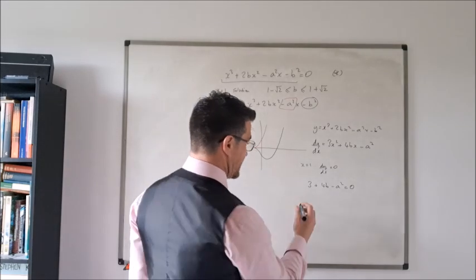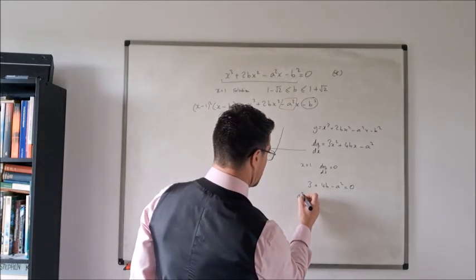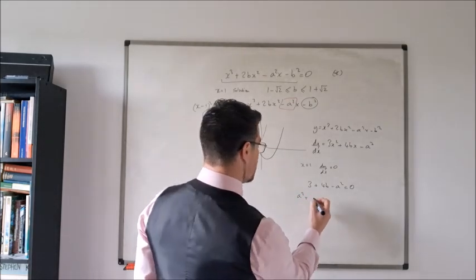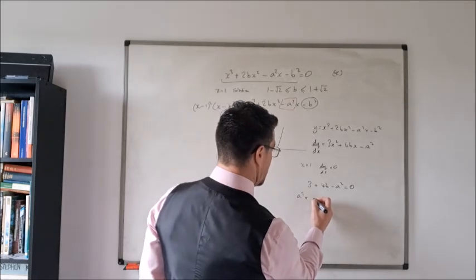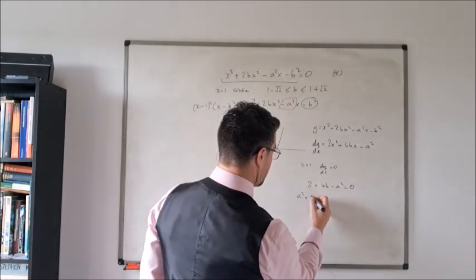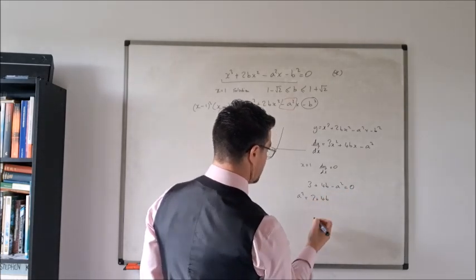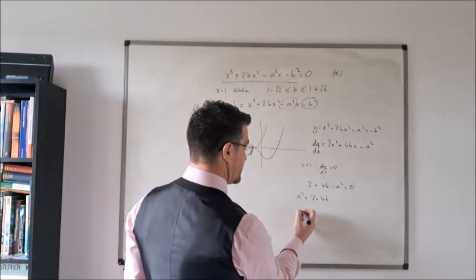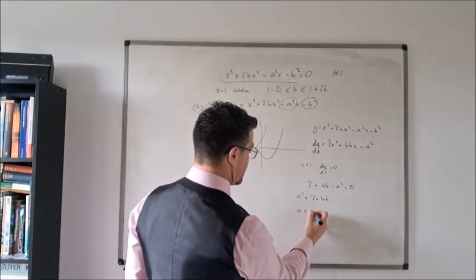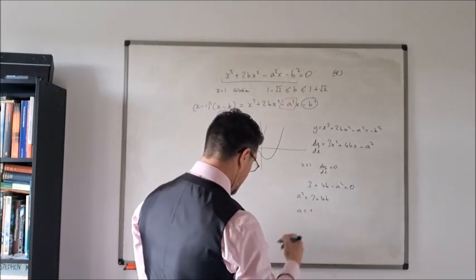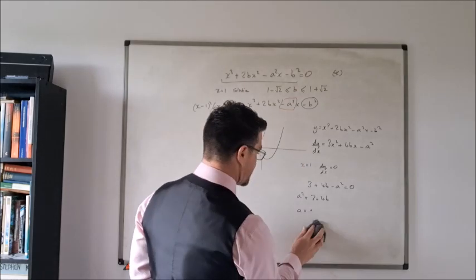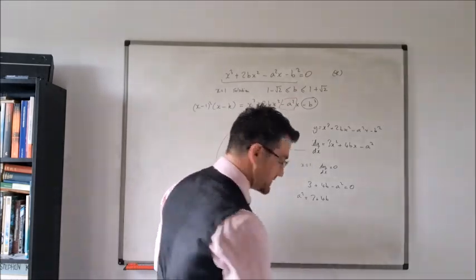And what does that mean? That means that a squared is equal to 3 plus 4b.